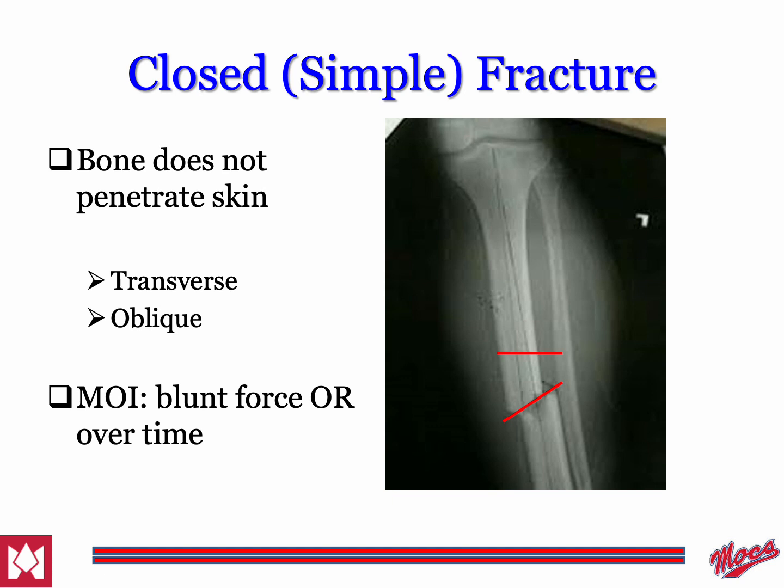Now, with a transverse versus oblique fracture, it strictly depends on how the load is actually applied, right? Is it applied directly 90 degrees to the long axis of the bone, or is it applied somewhat at an angle, right? If it's applied at an angle, obviously we're going to have more chance of getting an oblique fracture rather than a transverse.